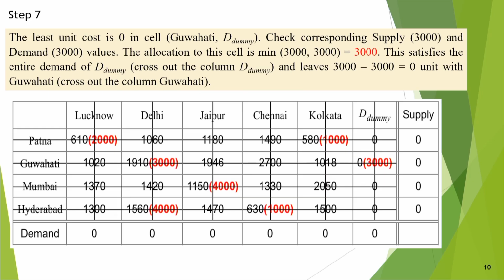That means that will be a basic variable but with 0 value. Among the unfilled ones, I can identify the 2 least cost cells, and in those I can assign the quantities.